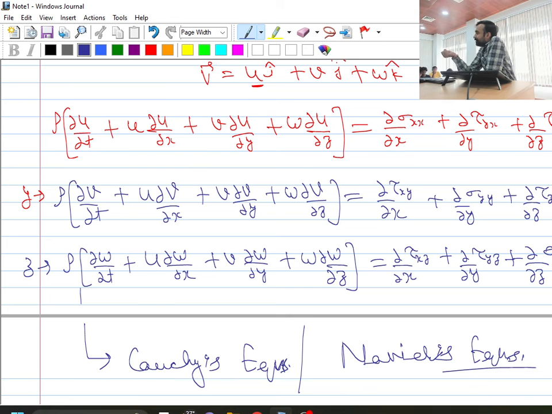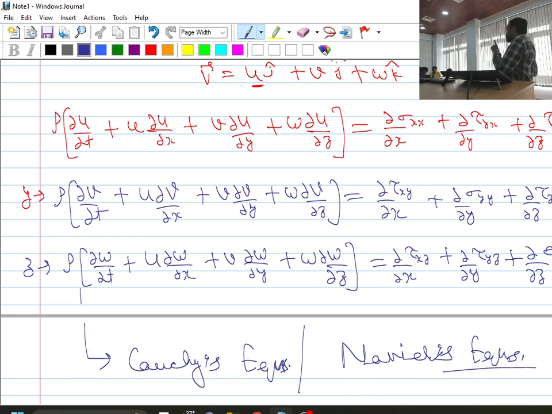Whether you have a Newtonian fluid, a non-Newtonian fluid, whatever type of fluid you have, you can apply this equation. Because what is the assumption of a Newtonian fluid? When stress becomes proportional to strain, then only we say the fluid is Newtonian. Till now my equation is in the form of stress only.